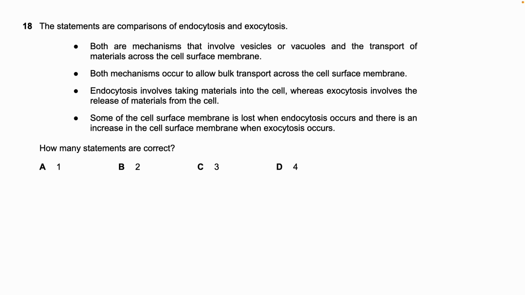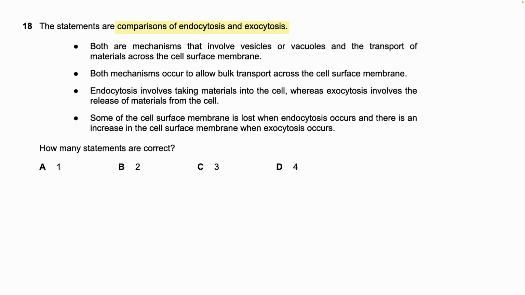Question 18. The statements are comparisons of endocytosis and exocytosis, and the question asks how many statements are correct. Four statements are given. Both are mechanisms that involve vesicles or vacuoles and transport of material across the cell surface membrane. Yes, both endocytosis and exocytosis involve vesicles or vacuoles, and both occur to allow bulk transport across the cell surface membrane.